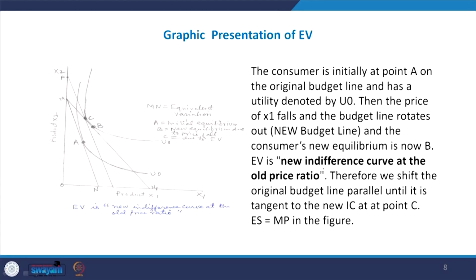So, this compensatory budget line in case of equivalent variation is parallel to the initial budget line, and in the previous graph for compensated surplus, the compensated price line was parallel to the new price ratio. So, this is the basic difference between equivalent variation and compensated variation. To understand better, you can see both these concepts together on the same graph.